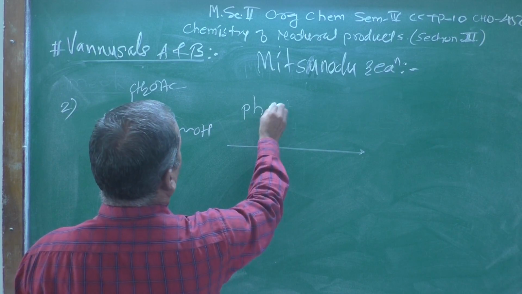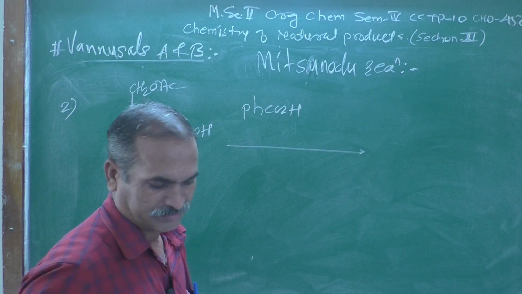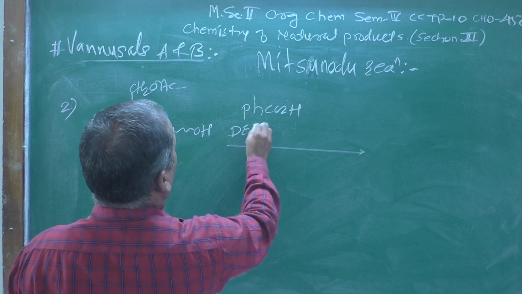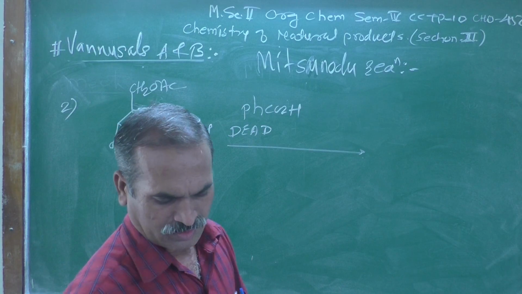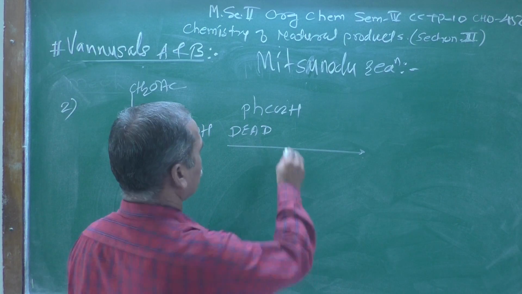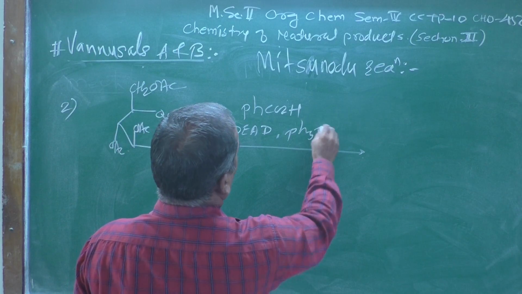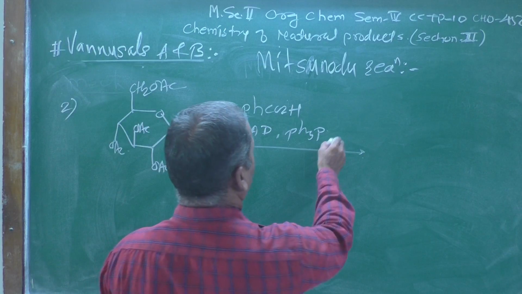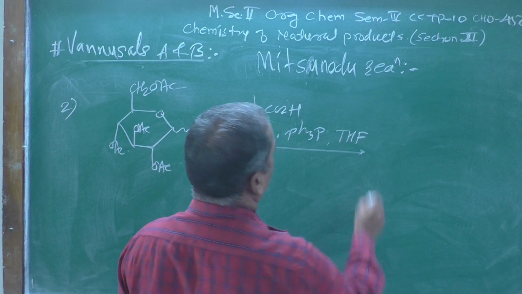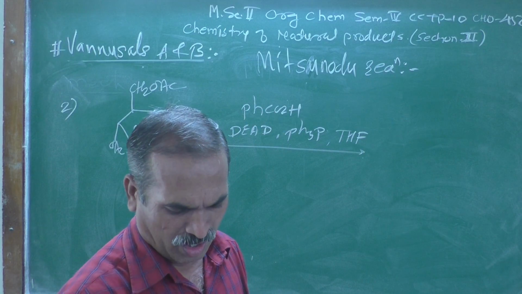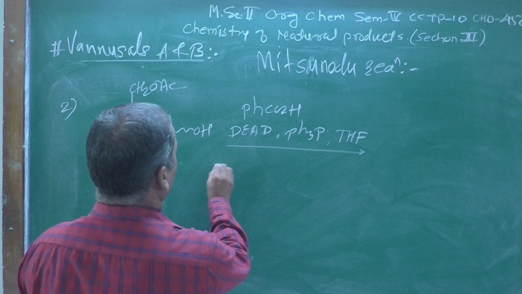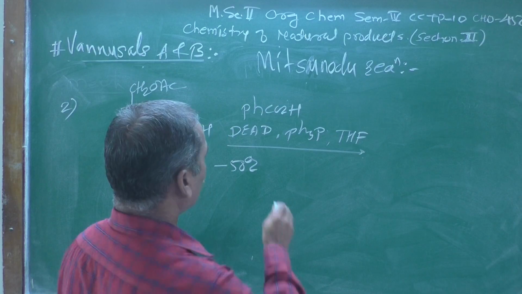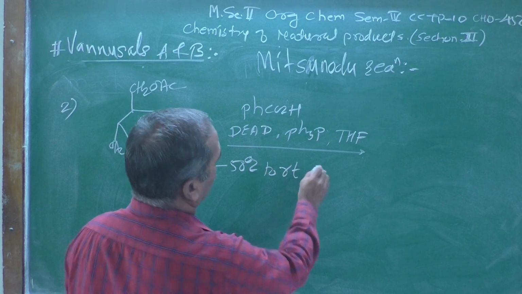benzoic acid pH CO2H followed by DEAD, then pH3P, triphenylphosphine in presence of THF, tetrahydrofuran, the temperature is kept minus 50 degrees centigrade to room temperature.